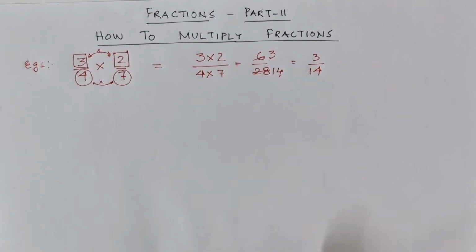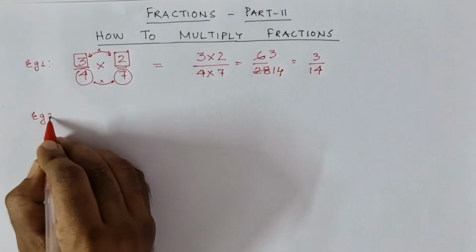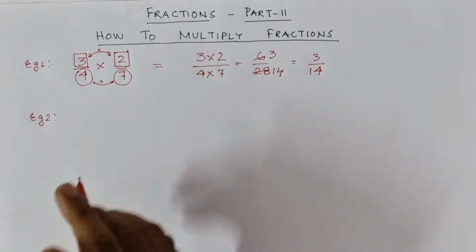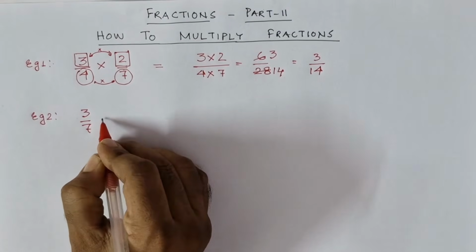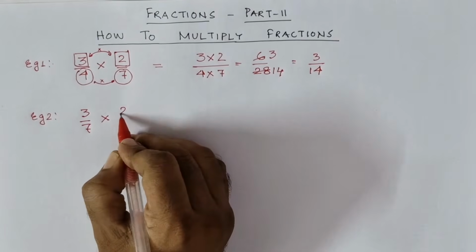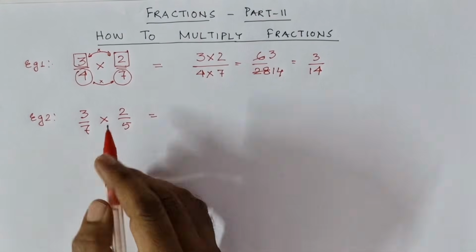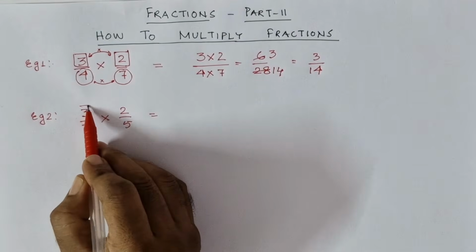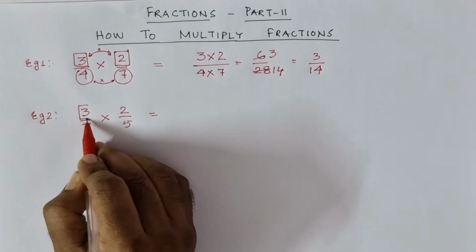Let's take a few more examples. So this is example 2. See, we have taken, let's say, 3 by 7 multiplied by 2 by 5. Okay, so let's do it. Tell me, student, what to do. Try it.